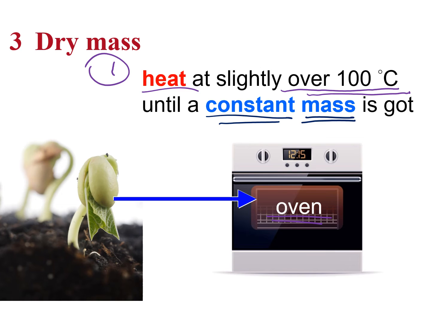That means when you heat the organisms, the water in the organisms keeps being removed, and when it is so dry without all the water, the mass no longer drops, and you get the dry mass. Remember, the first point is to heat slightly over 100 degrees Celsius in the oven, until, second mark, constant mass is got.